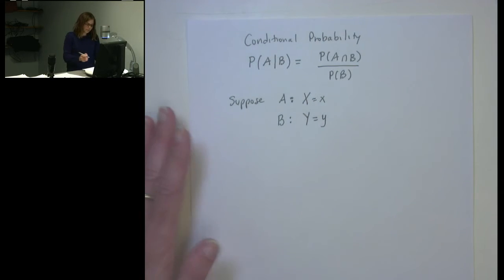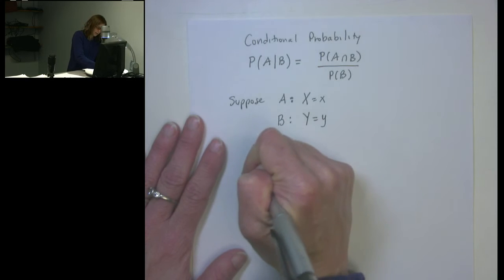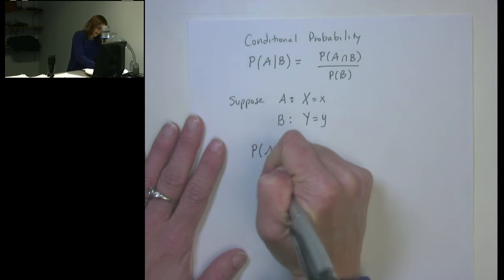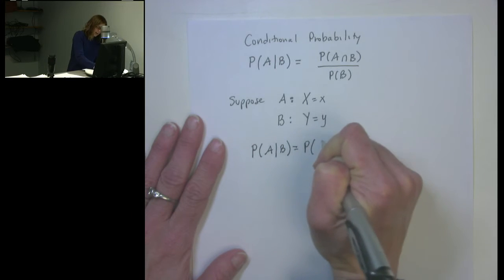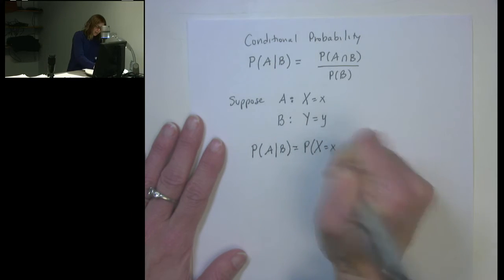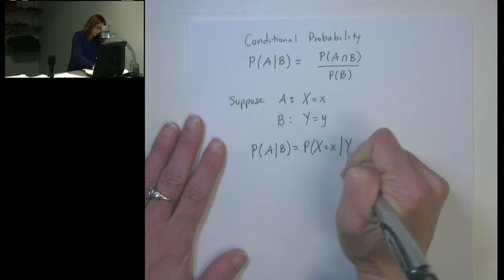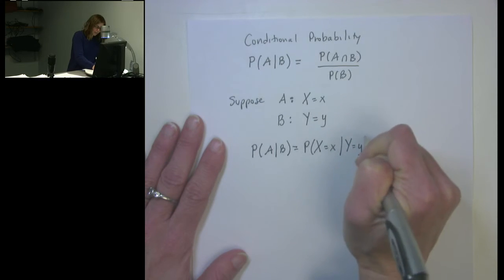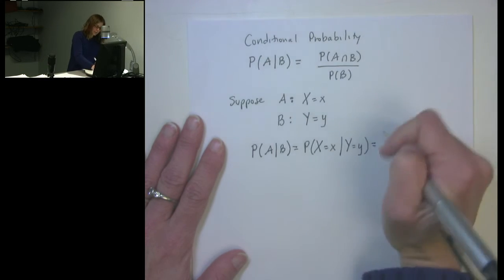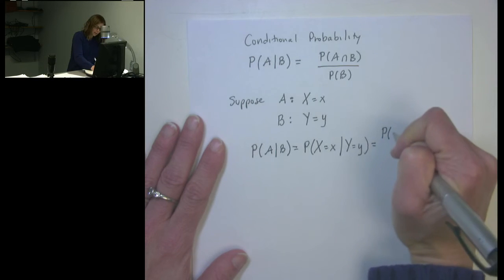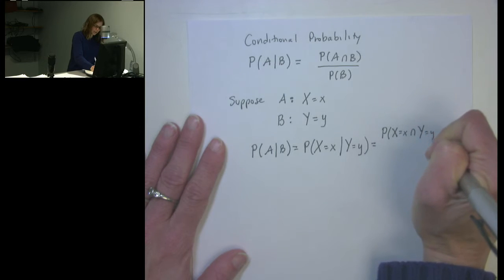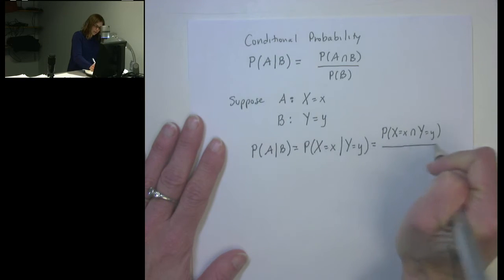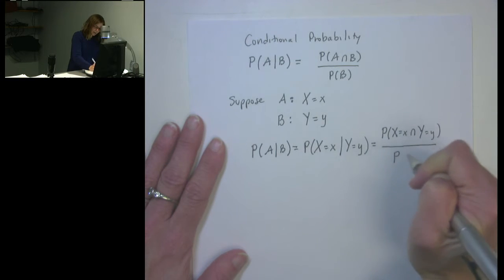Then the probability of A given B, which is the probability that x takes on a particular value little x, given that y takes on the particular value little y, is going to be the probability of x equals little x and y equals little y, divided by the probability that y is equal to little y.